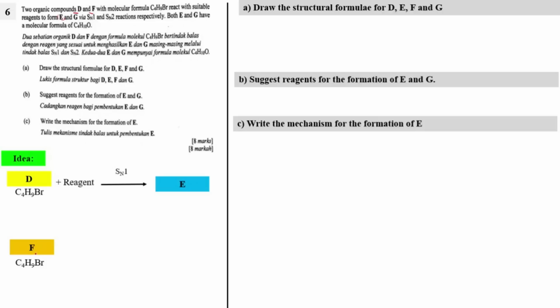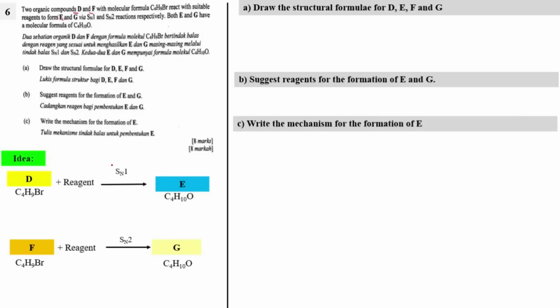Meanwhile, F is also going to react with a suitable reagent to produce G via SN2 reaction. Both E and G have the molecular formula of C4H10O. Alright, so here are the ideas.